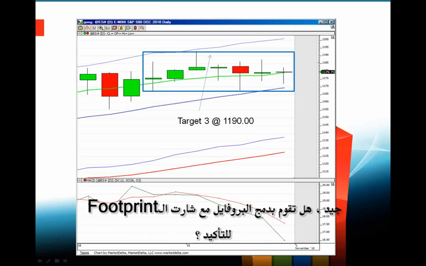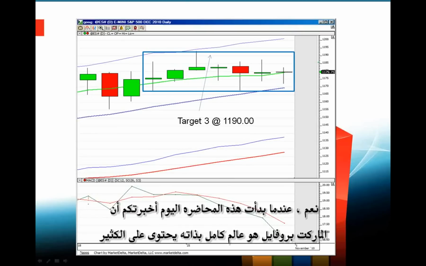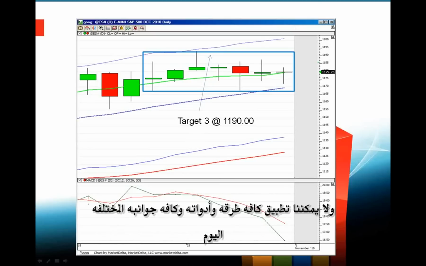Yeah, I think that was good. There's a couple questions. Do you confirm your market profile charts with the footprint charts at all in your classes? Yes. When I began the session today, I told you that the market profile, or the profile, is really a world unto its own, that there's so much to it, and that we couldn't conceivably apply all of the different methods and trading tools and concepts and techniques and so on.